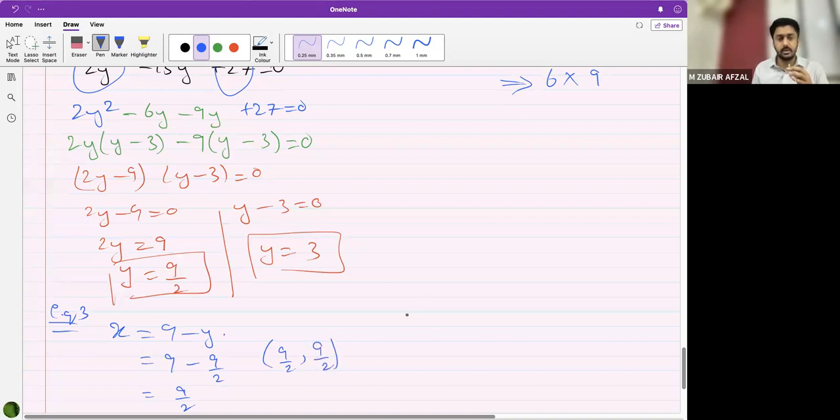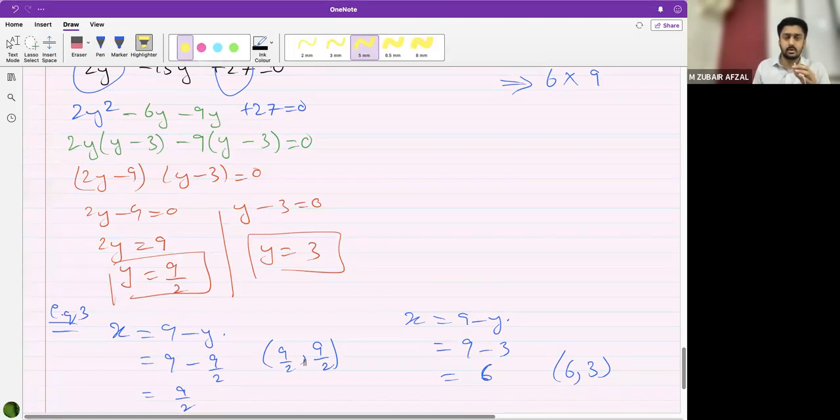And the second will be x is equals to 9 minus y, this is 9 minus 3, 6. So when x is 6, y is 3. These are your two answers, 1 and 2.